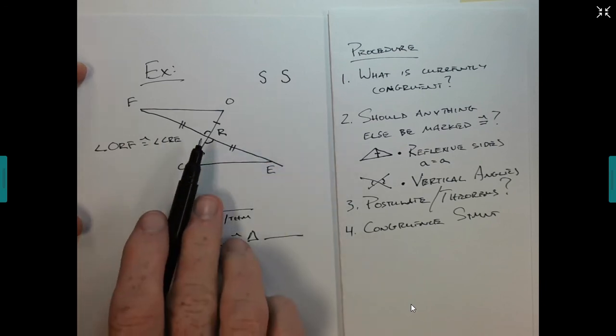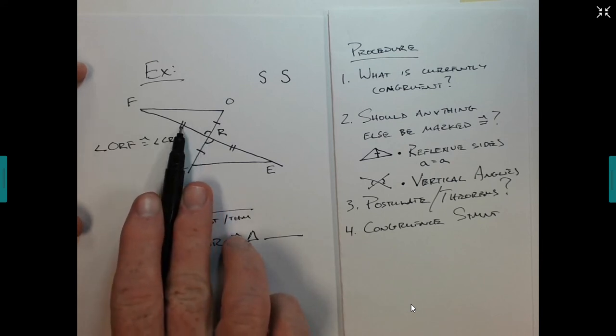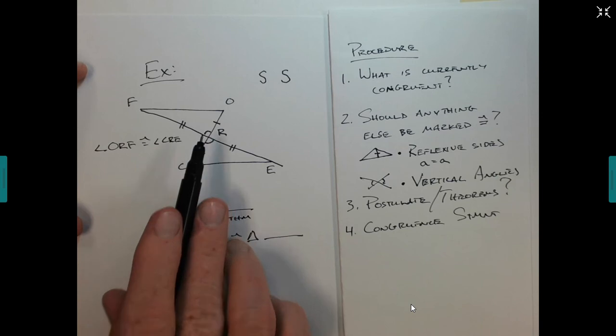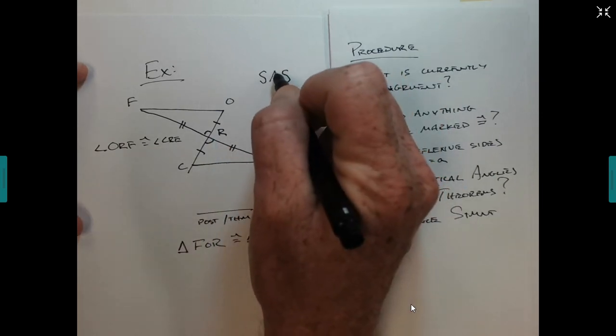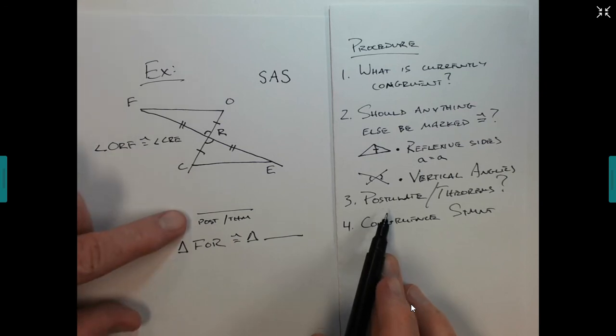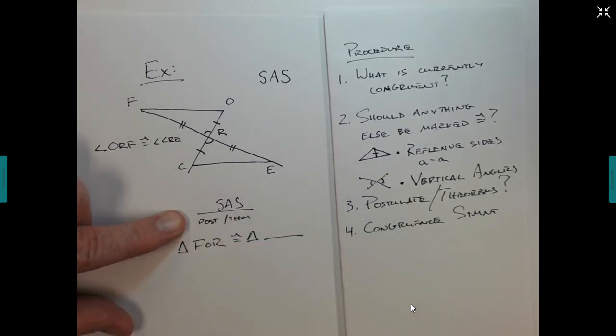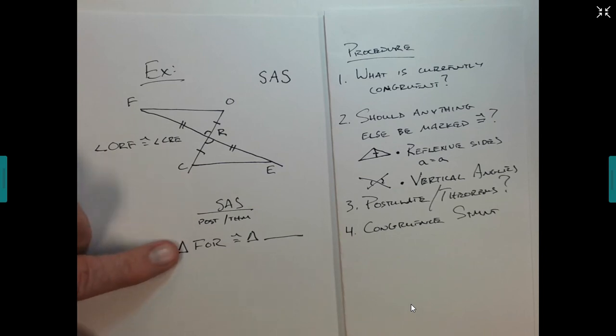That gets me an angle. Is the angle, the included angle, is it in between the 2 sides? Certainly is. Which means I should know my postulate or theorem now. I would put SAS here. And I need to complete my congruence statement.